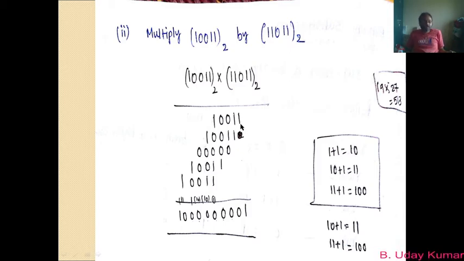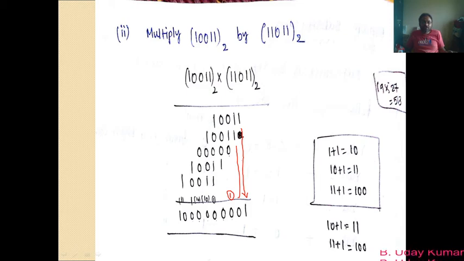Now let us add the values that you get here. In the first column you get 1. The next one is 1 plus 1, so in the second column you get 10, where 1 goes to the higher order column and 0 is written right below the second column.